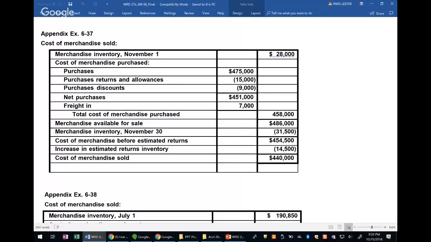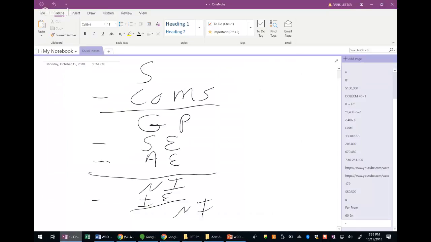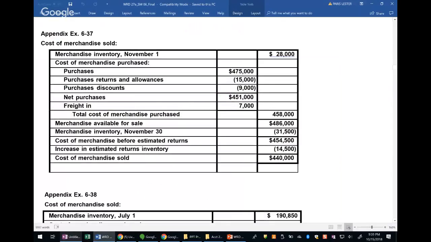But now in chapter 7, it's inventory and its methods of inventory. These two chapters go together well. They go well together for test purposes also.